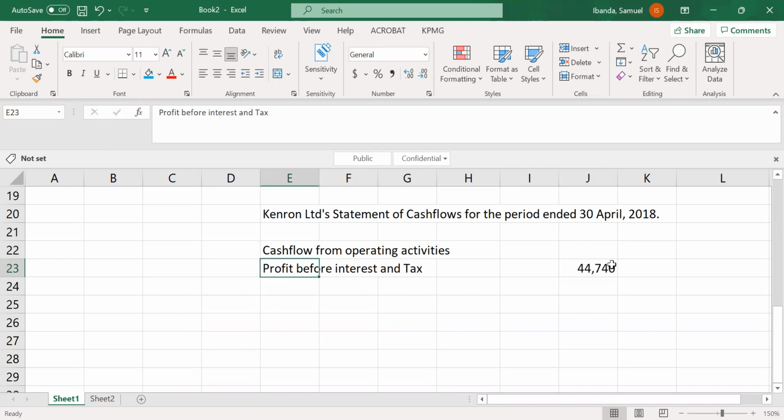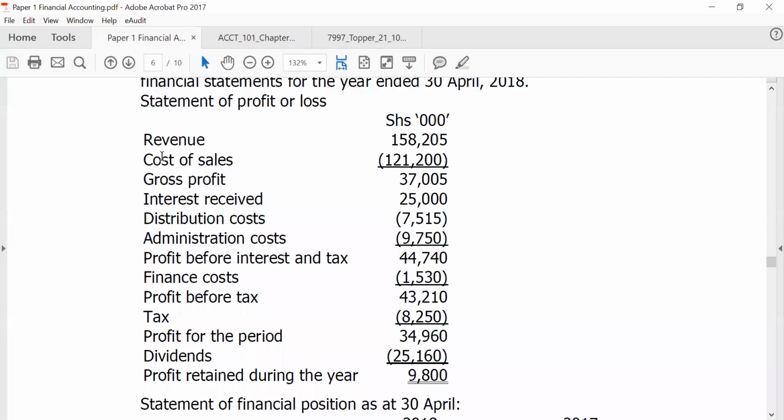Now we are going to adjust this like we're told: we add back and less, okay? So the question is, what items are we going to add back and what items are we going to less? Now, how you get the items is one, you can look at these items that were used in deriving this profit before interest and tax, as we can see.